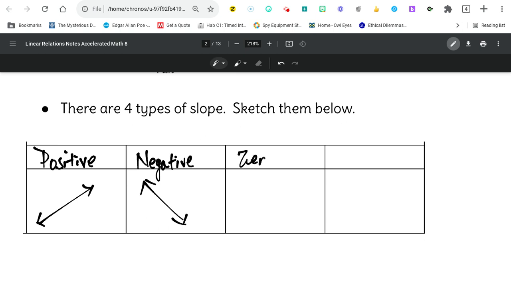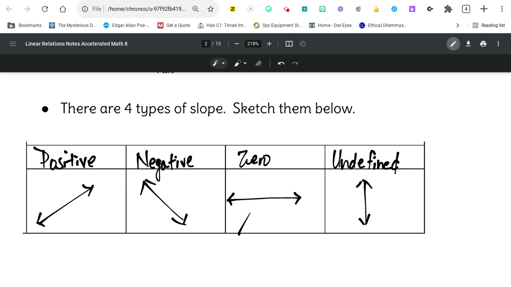The slope could be 0 if it's a flat line, also called a horizontal line. If it's a flat line or horizontal line, the slope is 0. And then I said the slope could be undefined. The slope is undefined if it's a vertical line, guys. Those are the 4 types of slope I gave you in the video yesterday.